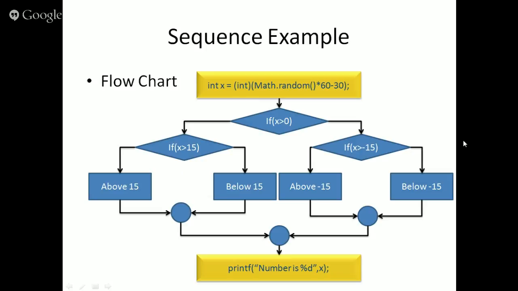So first we check whether it is greater than 0 or less than 0. If it is true, it goes to the next if condition, and in here also it checks something. You can see the diagram shows how it works.